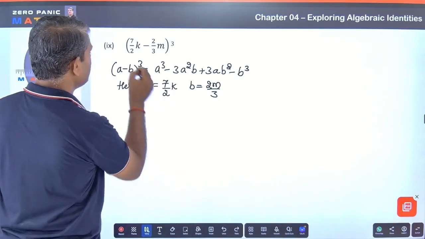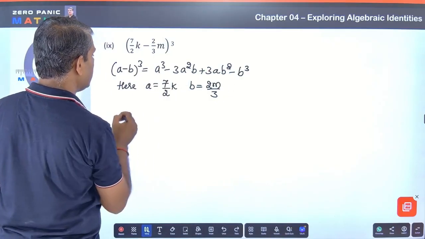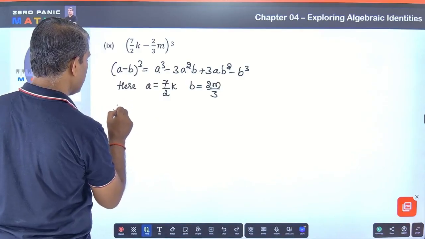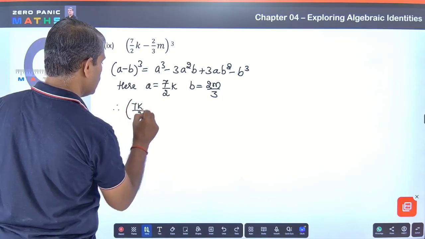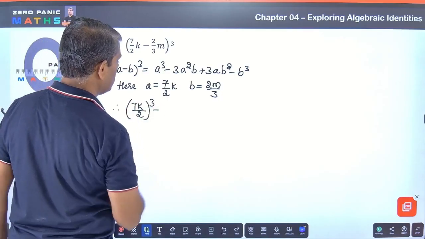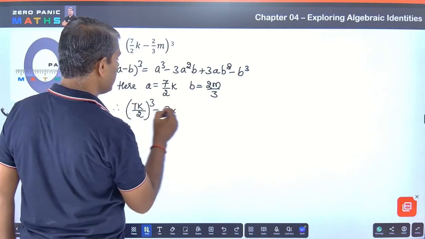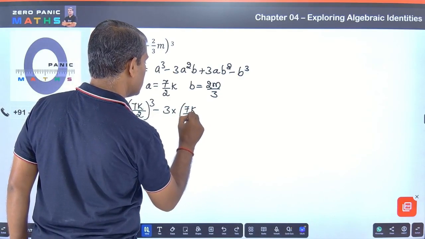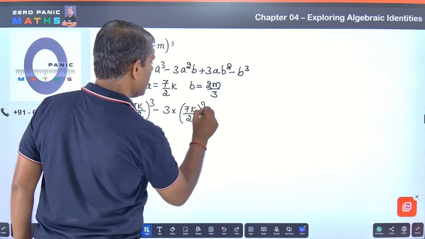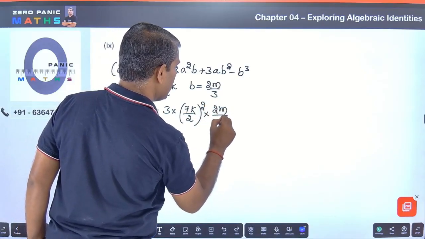Now let us substitute and do the expansion. a cube is (7k divided by 2) whole cube. It is a cube minus 3a square, a square is (7k divided by 2) square, and b, what is b? b is 2m divided by 3.